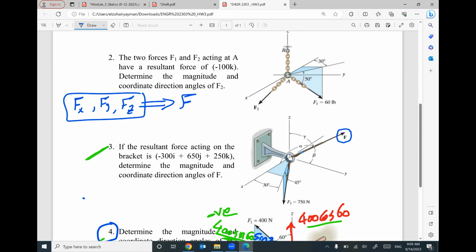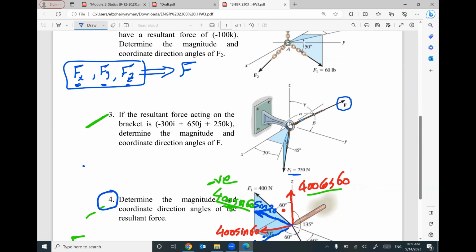So go ahead and assume your F as Fx, Fy, Fz, the 3 components of your force. What about F1? F1 looks like it's given as a projection line. Where is your projection line? I think your projection line is here. Is it correct? I think so.